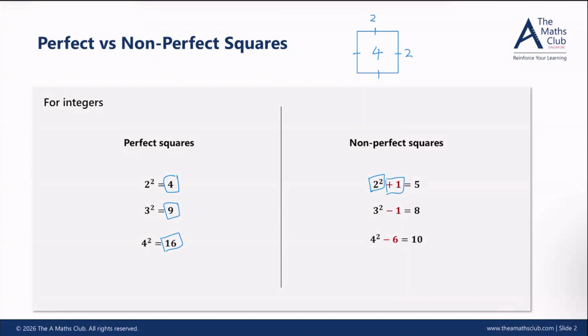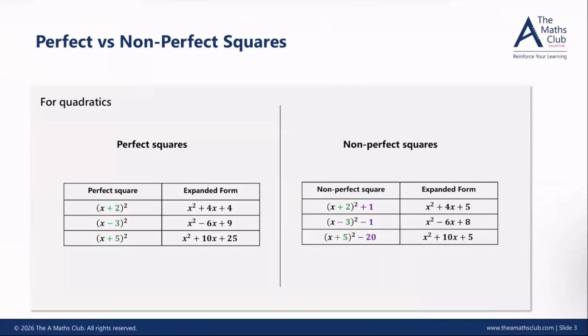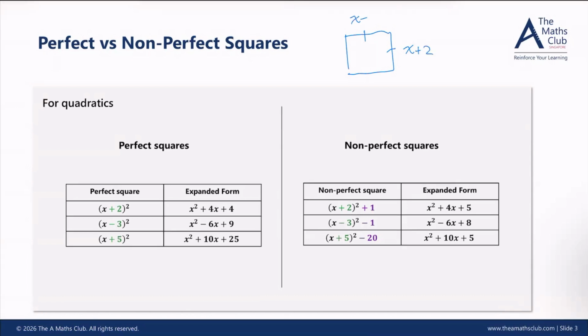The same concept can be applied in quadratics. Just like for integers, any quadratic can be comprised of a perfect square quadratic plus an adjustment. Take another instance of a square. A perfect square quadratic can be expressed by multiplying x plus 2 by x plus 2, which will give you x squared plus 4x plus 4.